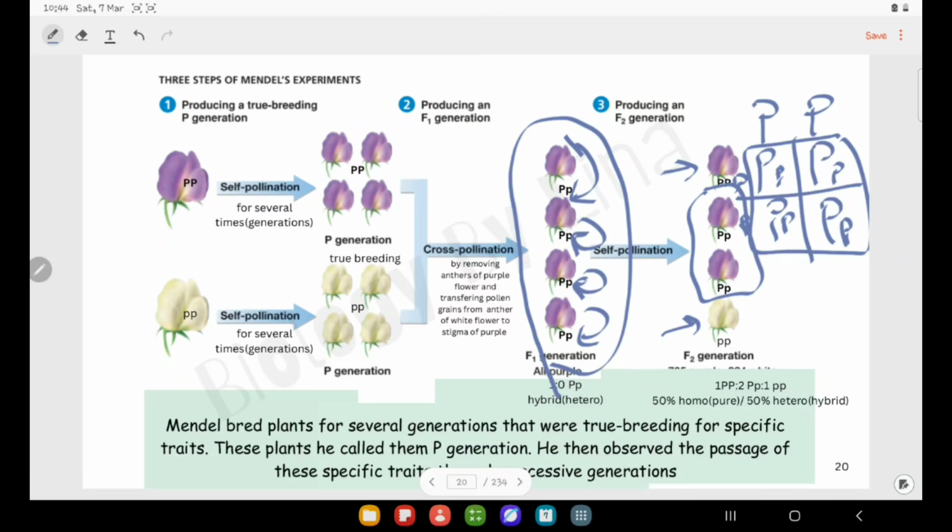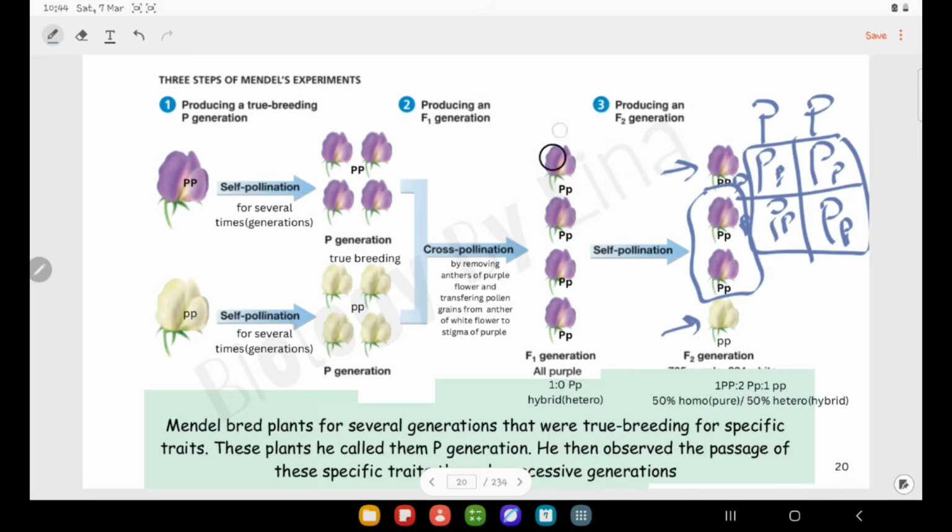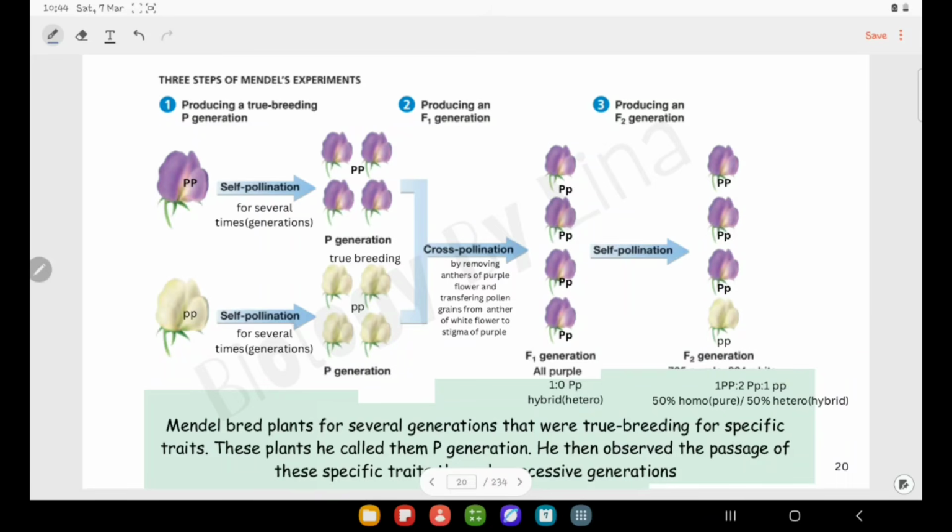So we say three purple and one white, while in F1, as you can see here, all of them are purple. We can say as a ratio, 100% are purple in F1, while here 75% are purple and 25% are white.